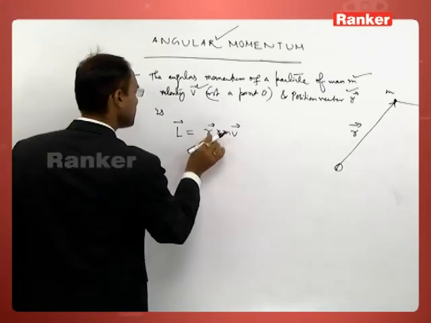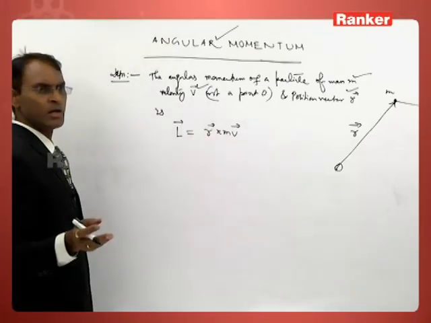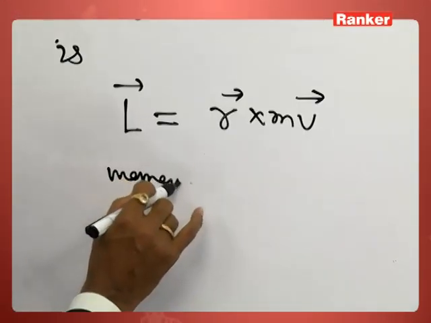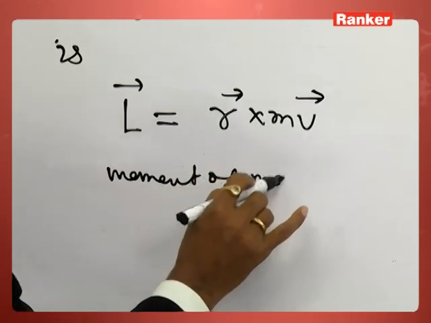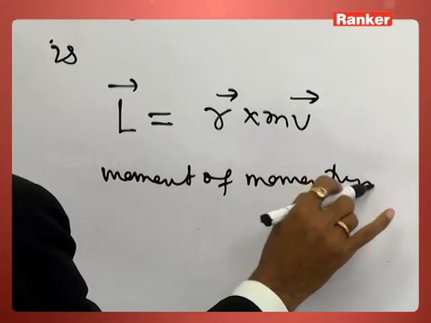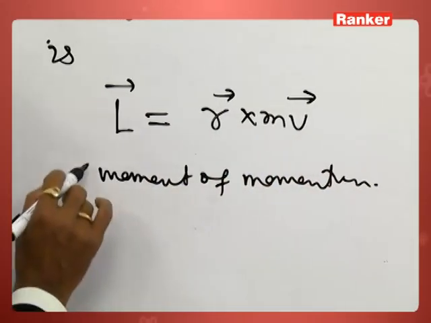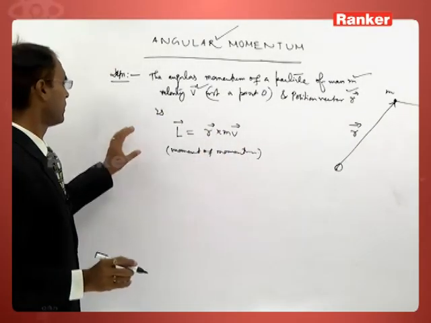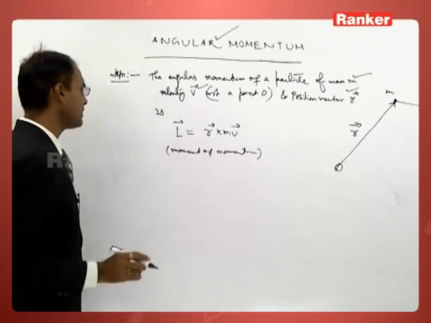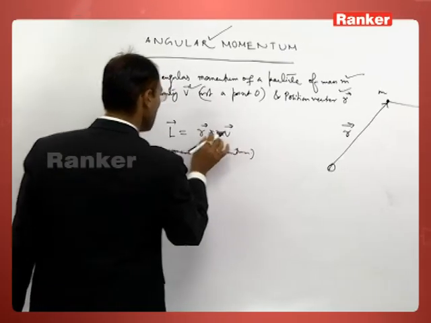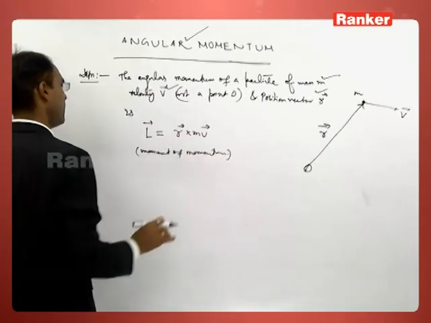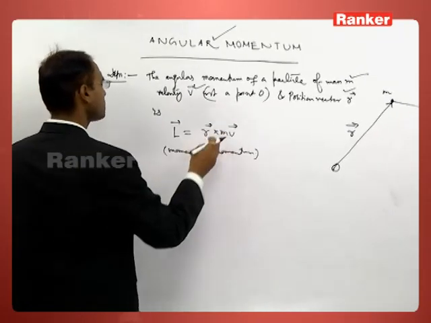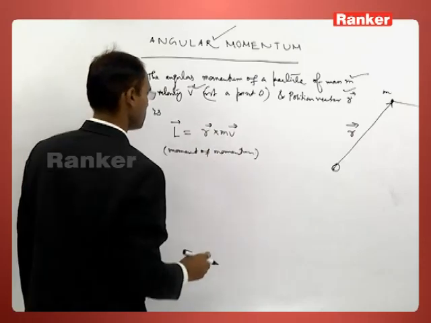Since it is multiplied with the distance, this can also be known as moment of momentum. Angular momentum can be called moment of momentum because momentum is multiplied with a distance, and this multiplication is not ordinary multiplication. This is a cross multiplication or vector multiplication.